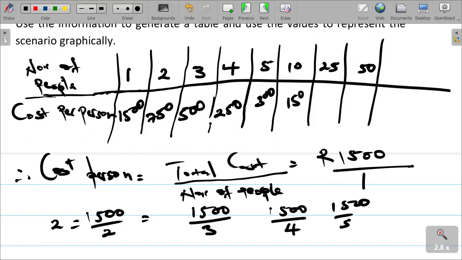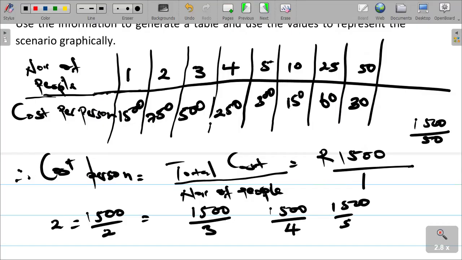And then for 25, 1,500 divided by 25, we get 60 rand. And for 50, 1,500 divided by 50, we get 30.